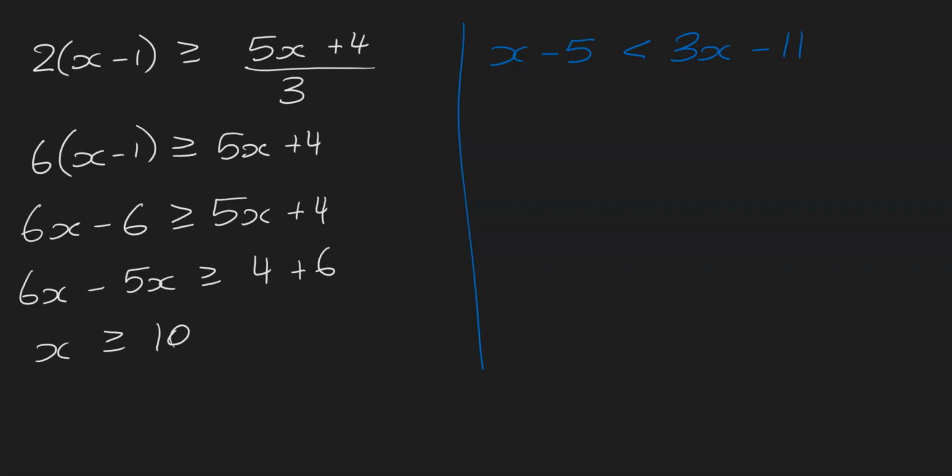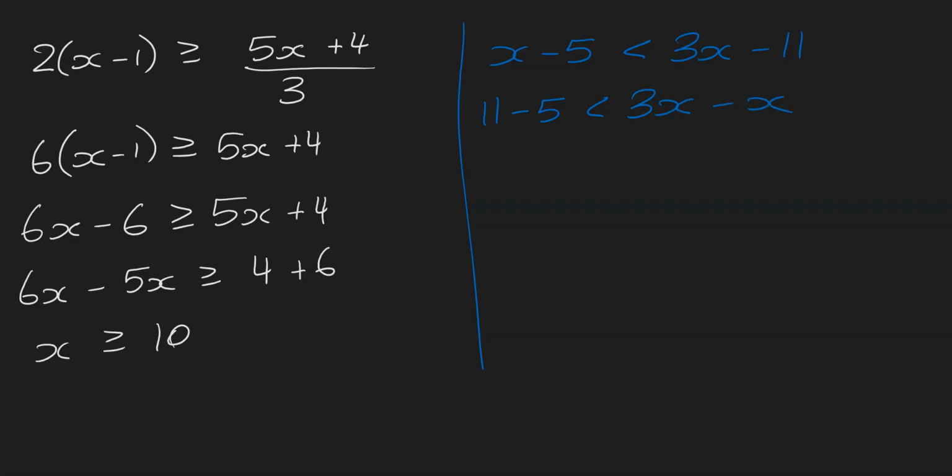So again we rearrange and take all the x's to one side, and all the values to the other side. I'll start off by taking all the x's to the right-hand side because 3x is greater in this situation. So I'll take the 11 across, so it becomes positive 11 minus 5, and 3x minus x.